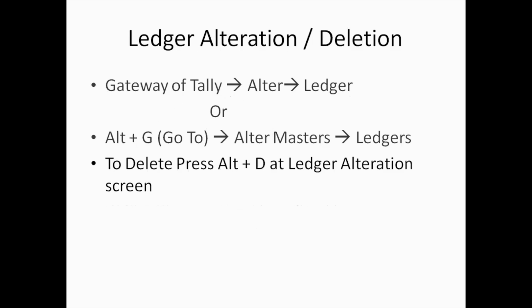Next, ledger alteration or deletion. After creating the ledger, if you want to make some changes, or if you want to delete, or whatever changes you need to make, to alter the ledger, you have to go to Gateway of Tally, Alter, Ledger.